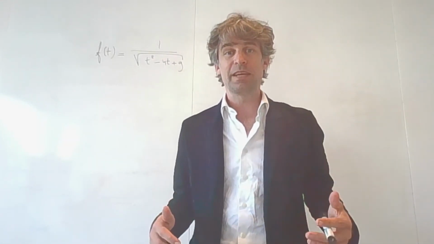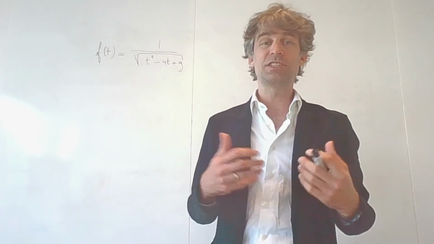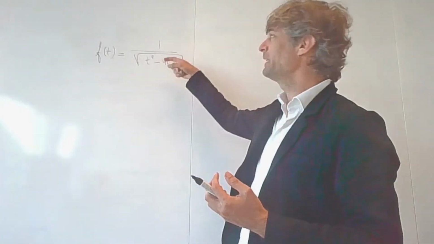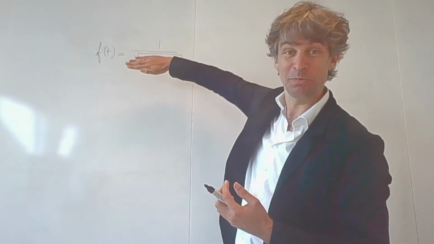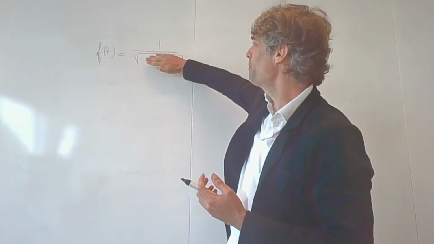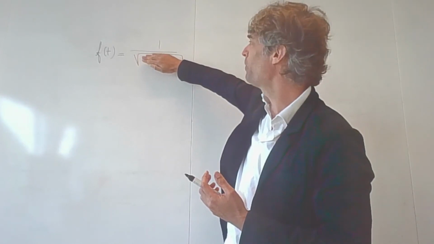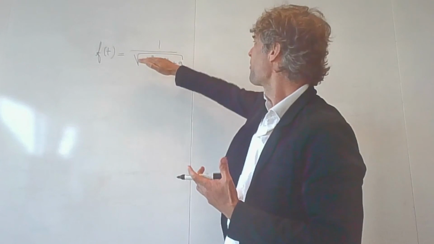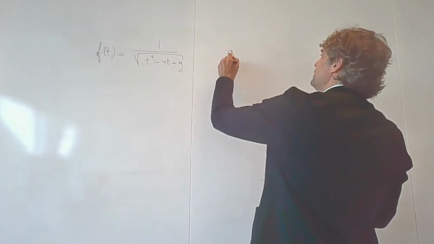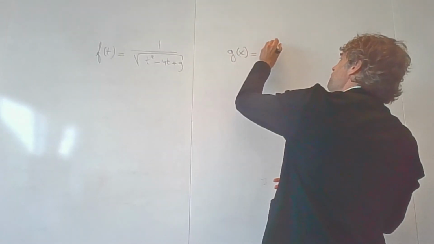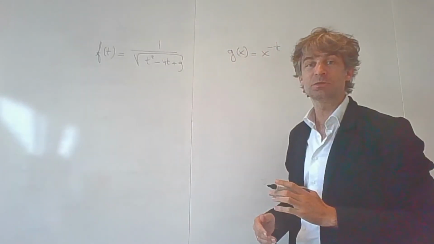So we'll finish today with an example of how to use the chain rule in differentiation. I told you to use your finger, which doesn't work here. I'll have to use my whole hand to cover it up. And what you see then is that our big function, so to say, is 1 over the square root. So that's g of x is actually x to the power minus 1/2.